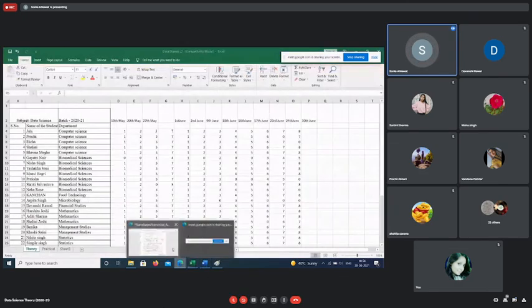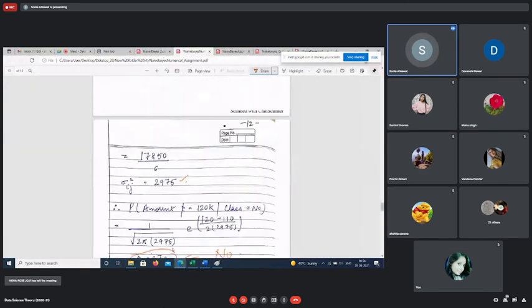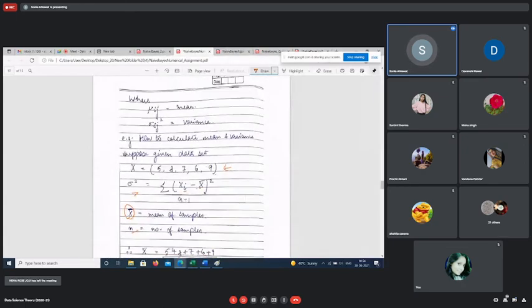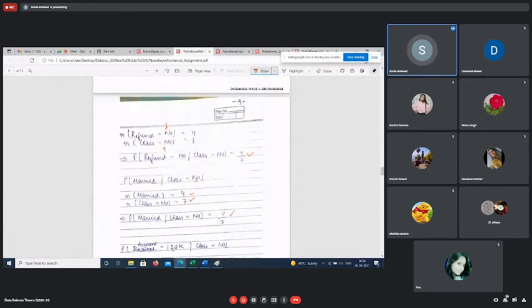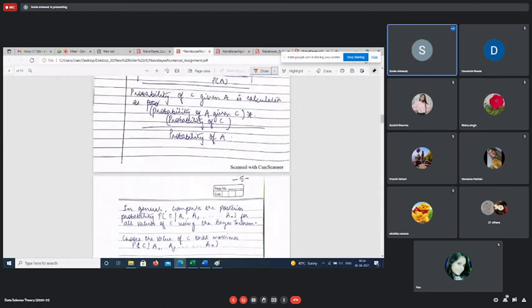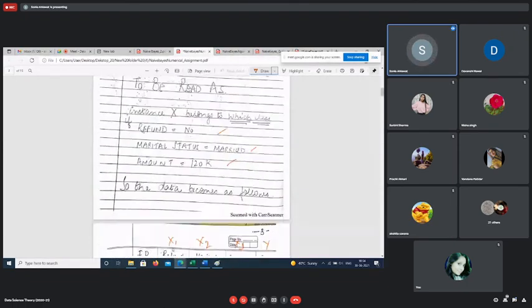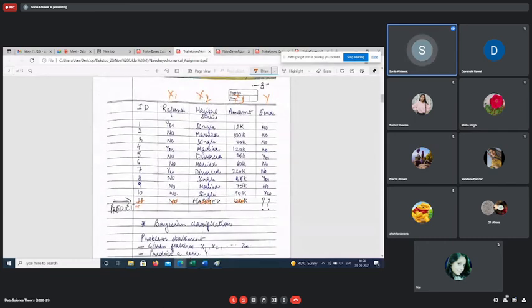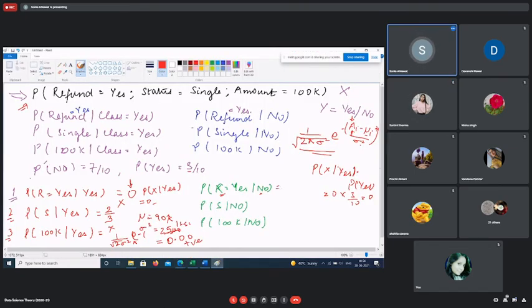Now after this, for P of refund yes belonging to class no. If we talk about this, then if we look at the table, we check that refund should be yes, but the class should be no. So let's take it. Refund is yes, yes, yes. 3 yes are there in refund and it belongs to no, no, and no. So it is basically 3 by 7.